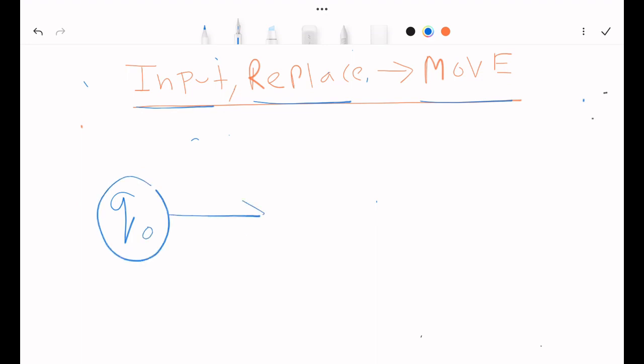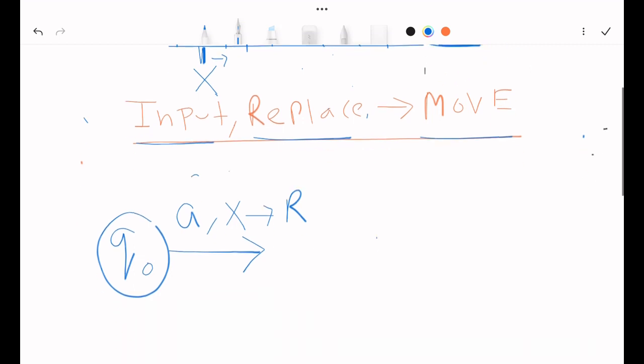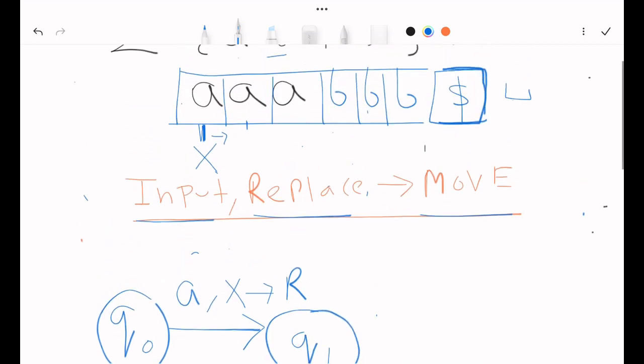Now see here, I will start at Q0. At first, I am reading A, replaced by X, move right. Done. Now I am at the Q1 state.